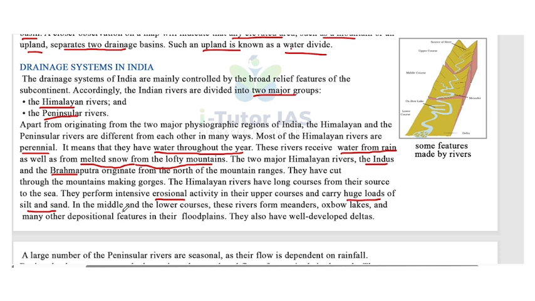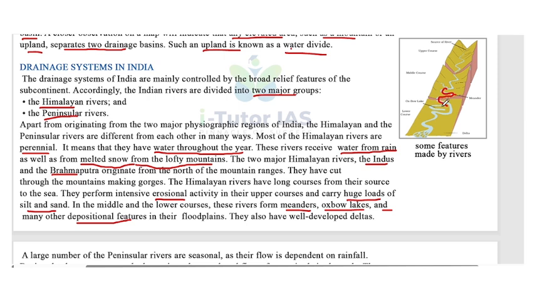Now, in the middle and the lower courses, these rivers form meanders, oxbow lakes, and many other depositional features in their floodplains. Okay, we know what is a meander. Look at this picture. This zigzag feature is called a meander.